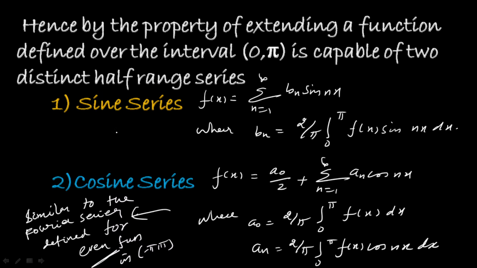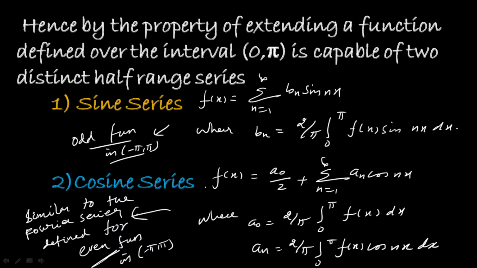The other one is similar to the odd function in minus pi comma pi, isn't it? So no need to memorize these formulas separately. These two formulas are the same. Under the concept of odd and even functions, we have discussed these cases.